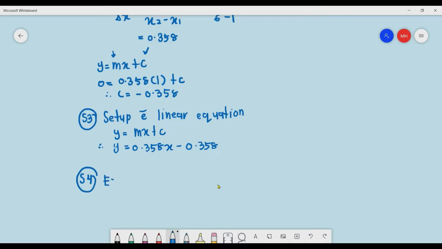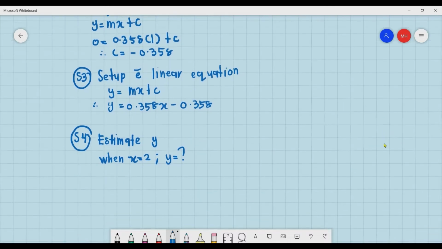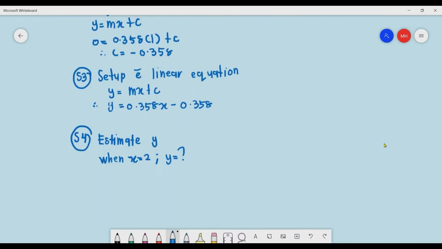Step number 4, after you obtain the first order polynomial function, what you can do is to estimate or interpolate y. The question asks when x equals 2, what is y, right? So you just use this interpolated function, y equals 0.358x minus 0.358. Substitute x equals 2: y equals 0.358 multiply 2 minus 0.358.